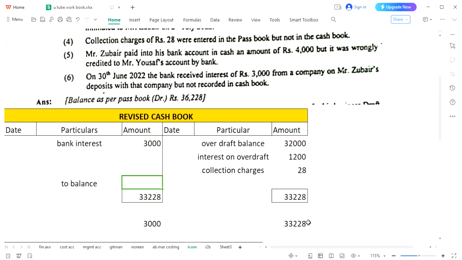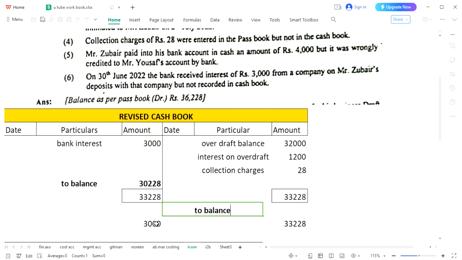And how will you calculate the balance? Subtract the smaller sum from the larger sum. The larger sum is 33 and the smaller sum is 3. So we have got our balance, and please note it down. The last step is to take this balance to the exactly opposite side, but here you will mention that you are bringing this balance down.